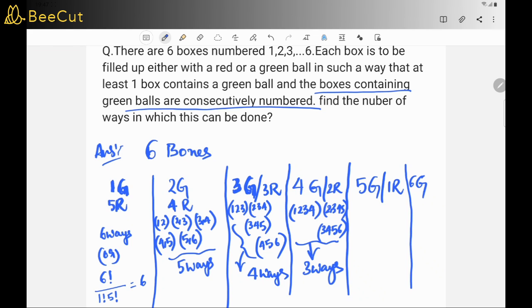It can come in box number 1, 2, 3, 4, 5, or else box number 2, 3, 4, 5, 6. So there are 2 ways. Now 6 greens, 1, 2, 3, 4, 5, 6. So it is only 1 way.